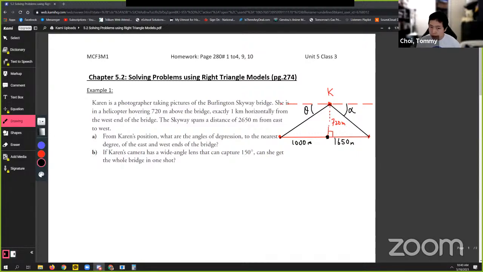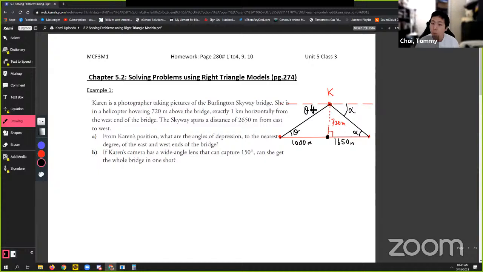Let me give you a little bit of advice here. If this angle of depression is theta, the angle of elevation is also theta. The angle at which someone looks up should be the same angle at which someone looks down. So this is theta. And this here then would be alpha.